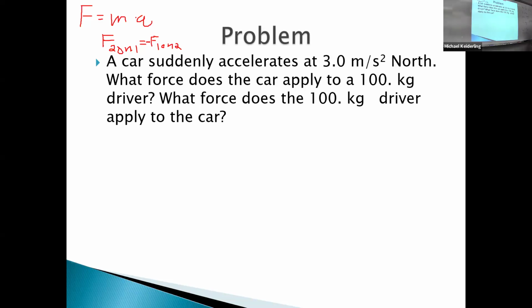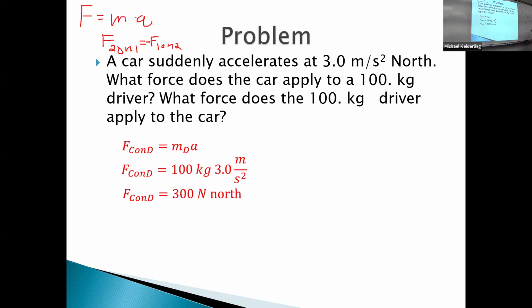So we want to figure out what force the car is applying to a 100 kilogram driver. The force of the car on the driver is going to be the mass of the driver times the acceleration. So that's 100 kilograms times 3 meters per second squared. Well, that's 300 newtons to the north.